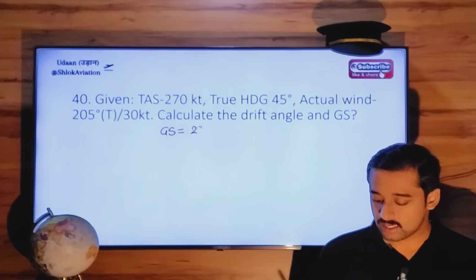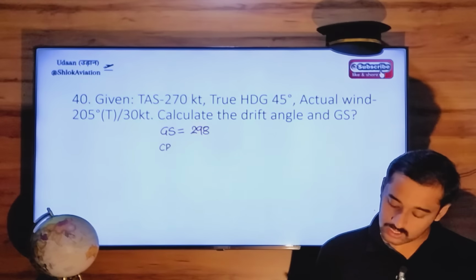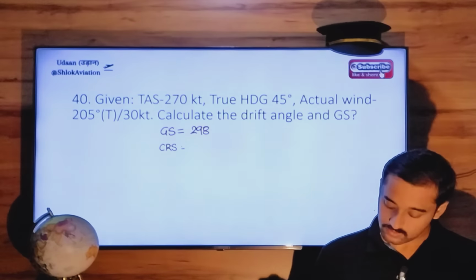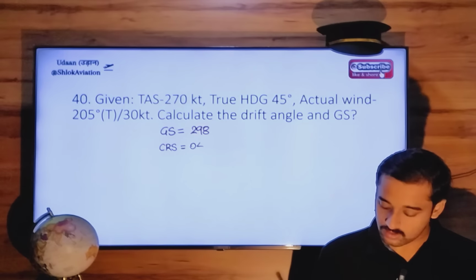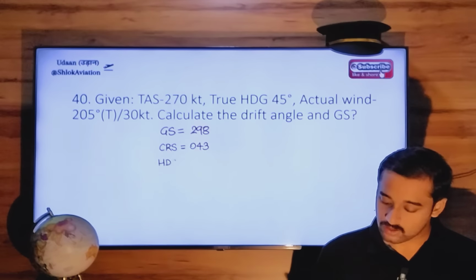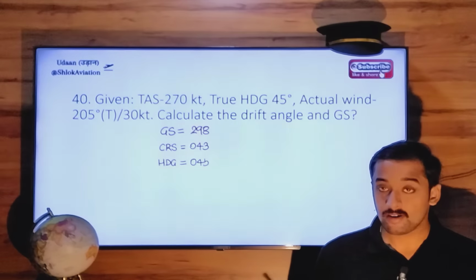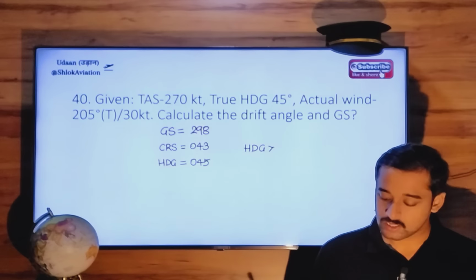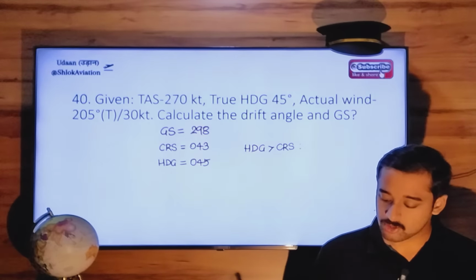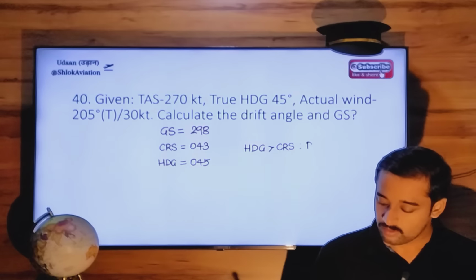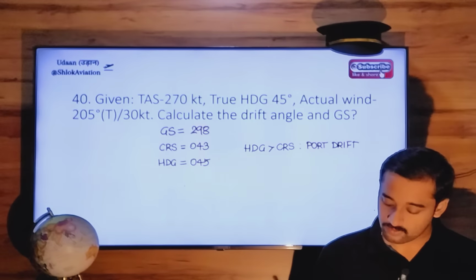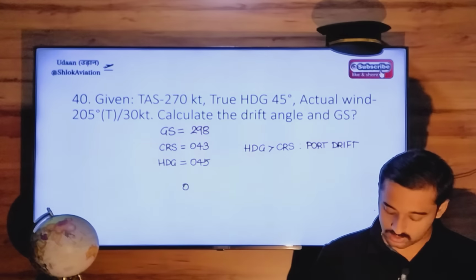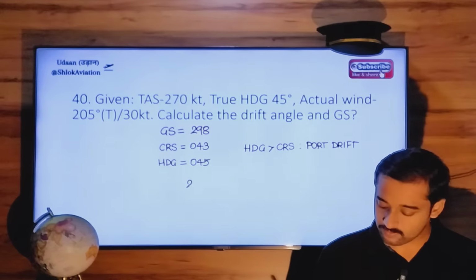Course is 043. Heading will be equal to 045. Now whenever heading is more than course, that condition is port drift. So over here, port drift of 2 degrees. You have a 2-degree port drift.